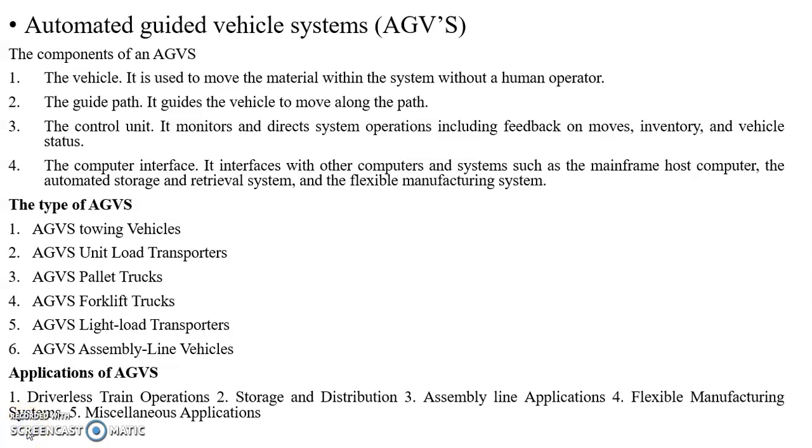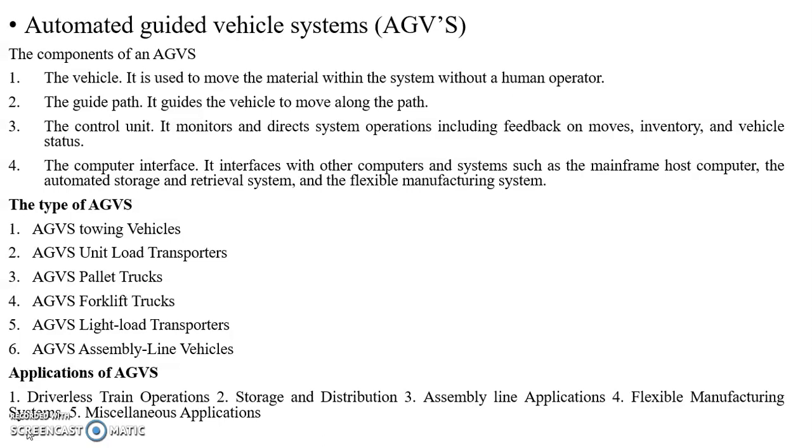And next one is storage and distribution. Here, the unit load carriers and pallet trucks are typically used in these applications. These storage and distribution operations involve the movement of materials in a unit load. The application often interfaces AGVs with some other automated handling and storage systems.